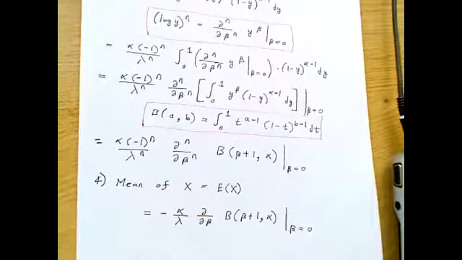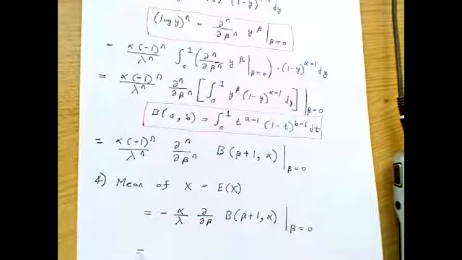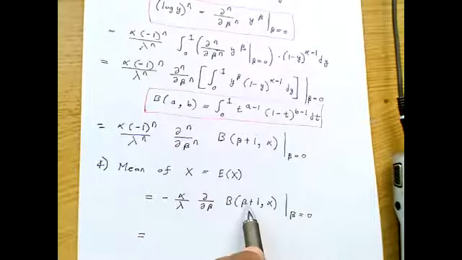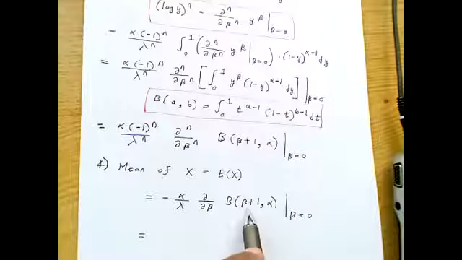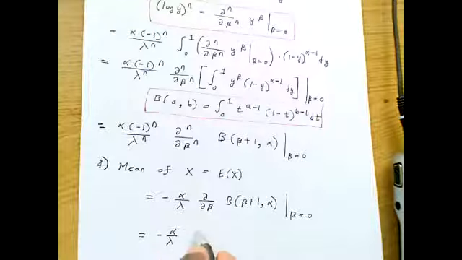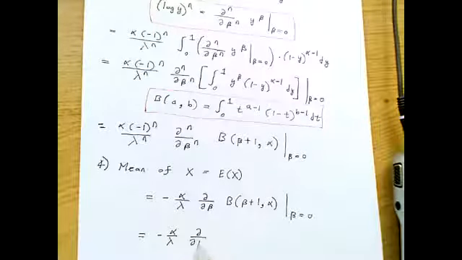Now, if you go back to the video I did on the beta function, the beta function has several properties, and one of the properties I mentioned in the video is the following, that this can be written as follows.